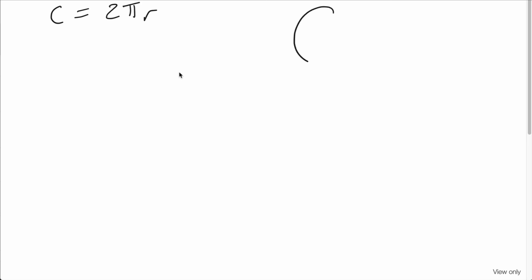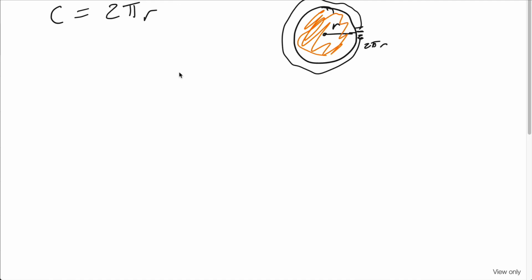So we have a circle here, and we have r going like this, and we're saying that if you were to travel around here, that this thing would be 2 pi r. Okay, and then we're also saying that if you were to color in the circle, that area would be pi r squared.